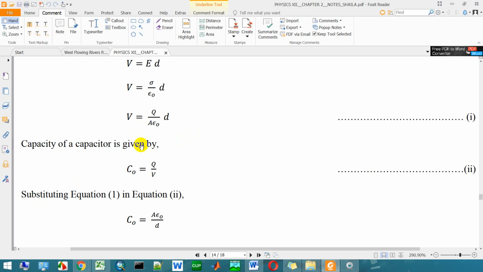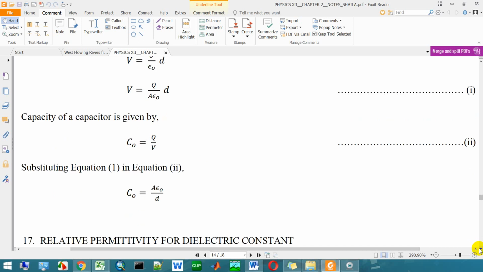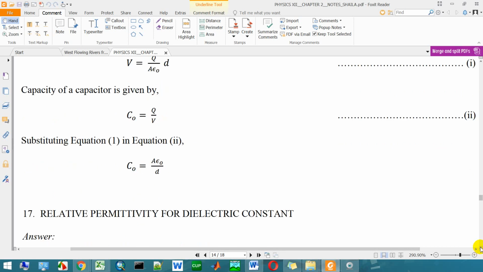This is equation 1. Then equation 2 for the capacitance is Q by V. Very simple, substitute this V in equation 2. After substituting, we get A epsilon naught by D. So this is the capacitance of a parallel plate capacitor when the plates are separated by air or vacuum.